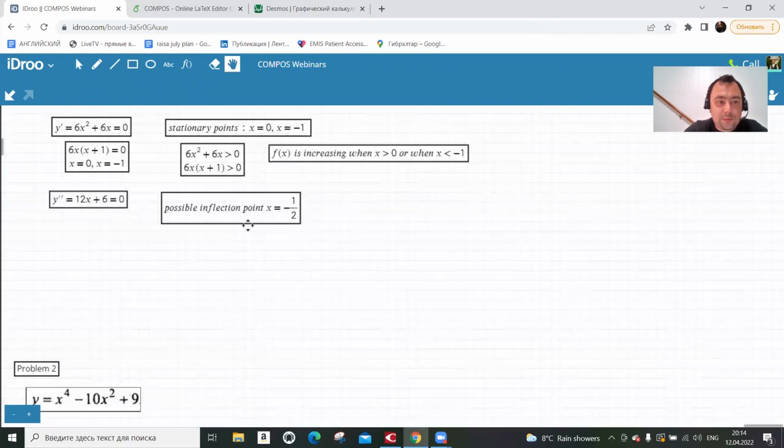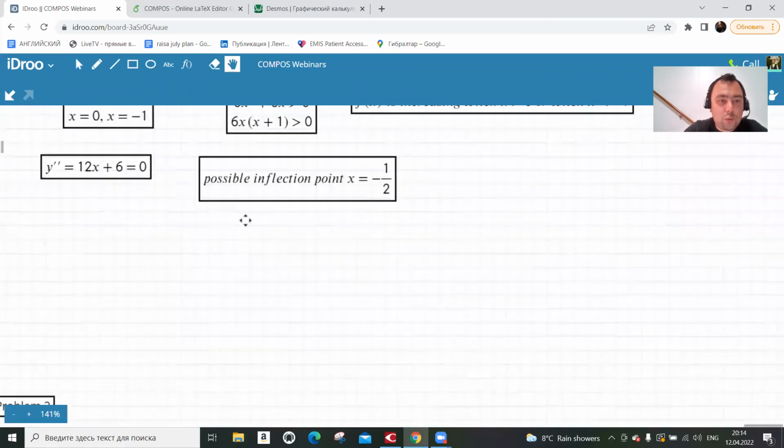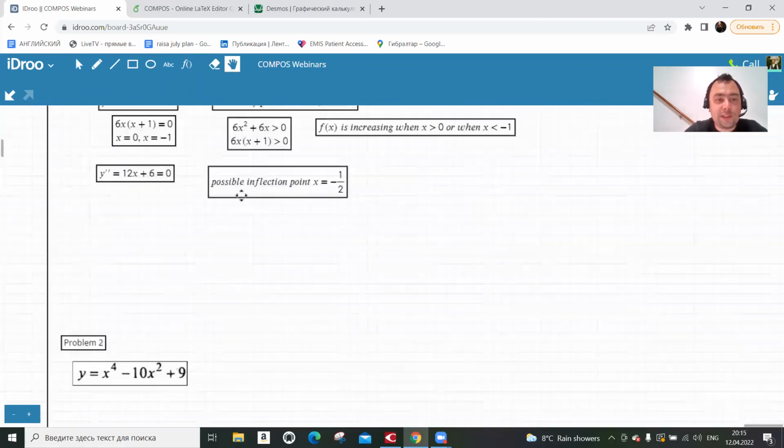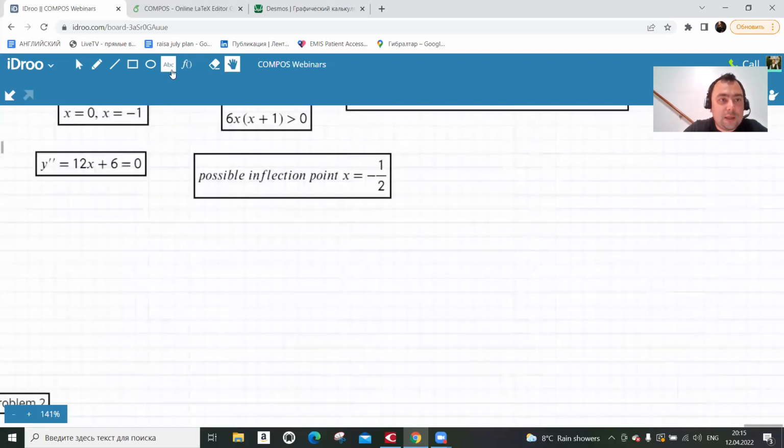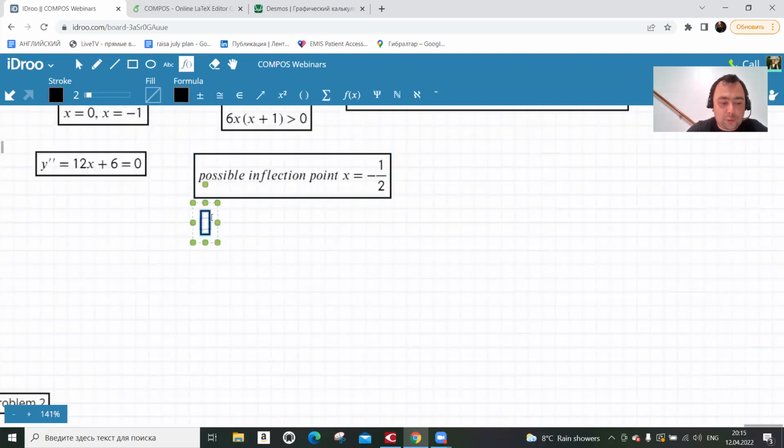Then inflection point. So we need to find where the function is convex and where it's concave. That is, 12x plus 6 greater than 0. So when it's greater than 0, it's convex.